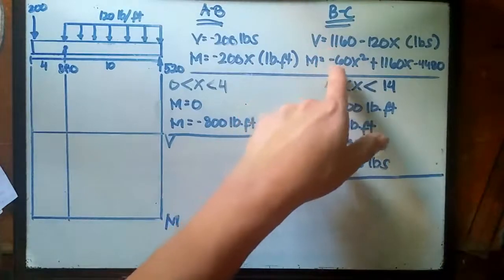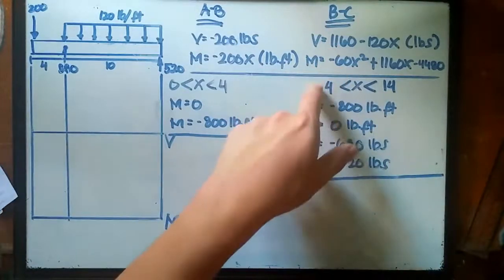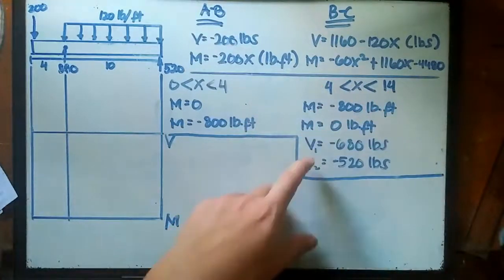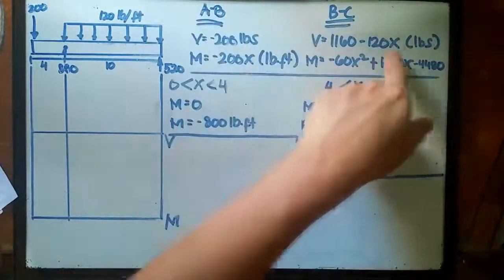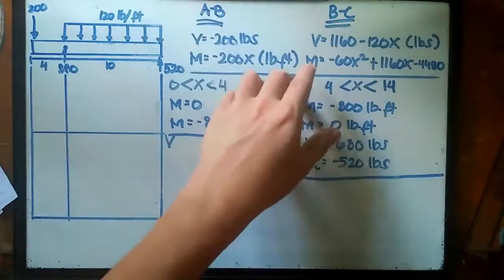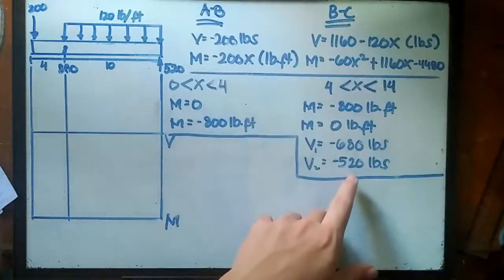For the bending moment, we have negative 800 if replaced by 4, and 0 if replaced by 14. For the shear loads, if we replace x by 4, we have negative 680, and if we replace it by 14, we have negative 520.